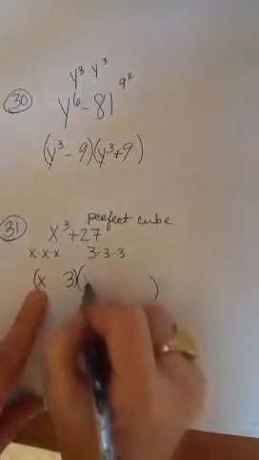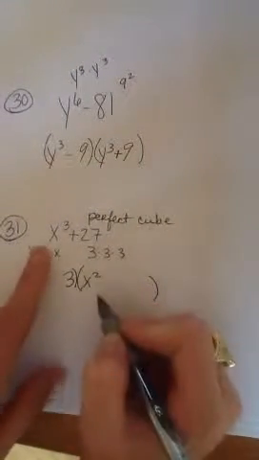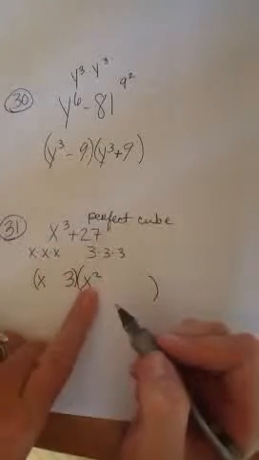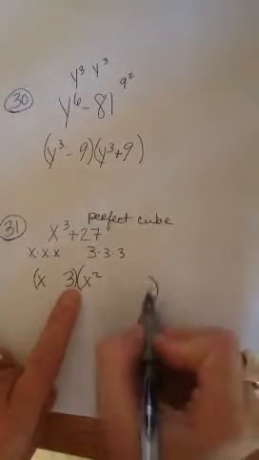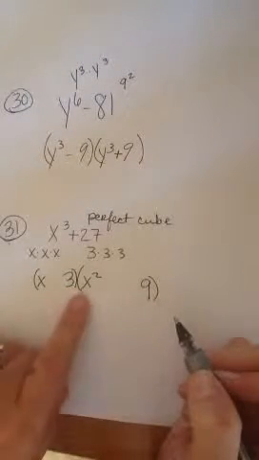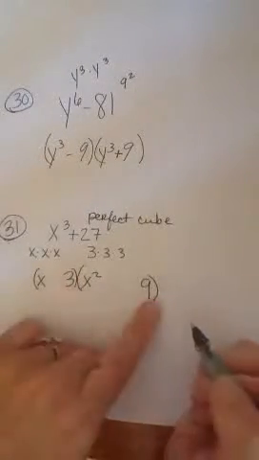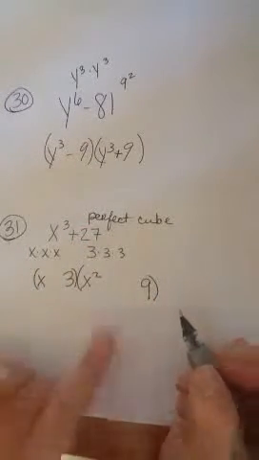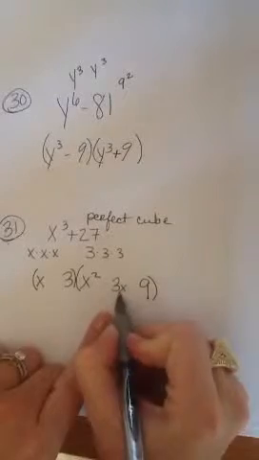Then you have an x, so you need x squared to get you to x to the third. Or you take your first term and you square it. 9 is 3 squared, so you put 9 at the end. So 3 times 9 gives you 27. In the middle, you multiply your cubed roots.